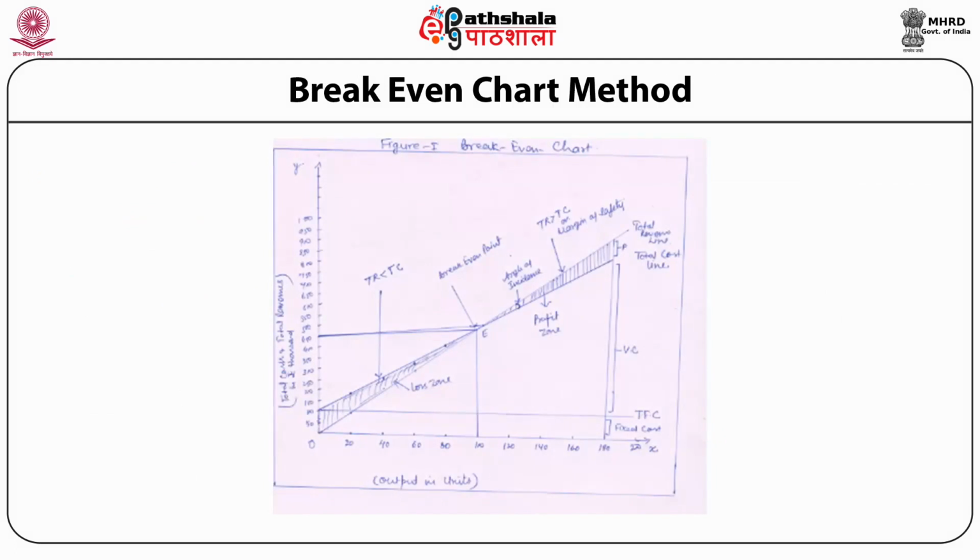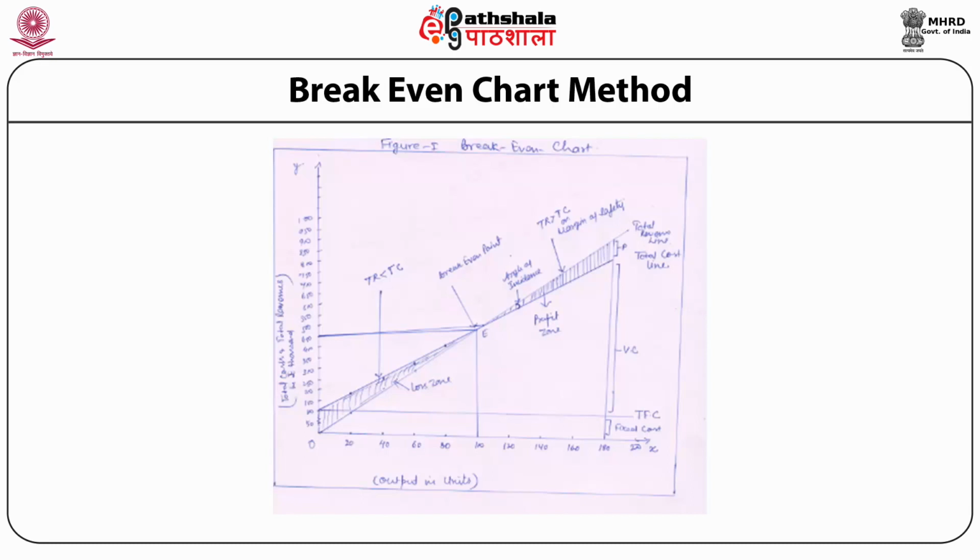The table values discussed above are now presented in the form of a break-even chart. In the break-even chart, the output in units is given on the x-axis, whereas cost and sales volume are given on the y-axis.